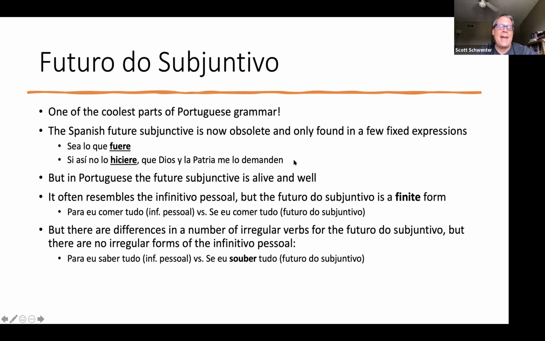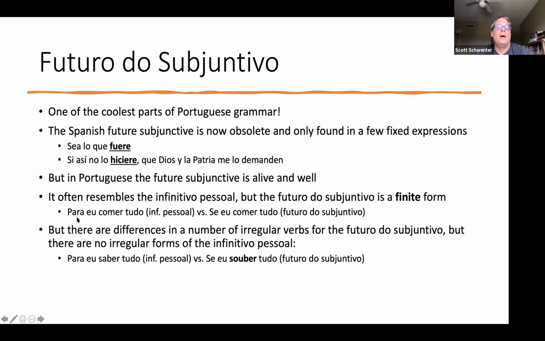And I Googled that and I found that for lots of different Spanish speaking countries, there's some version of this. And every one has the future subjunctive, right? But the future subjunctive is not productive in Spanish anymore. In Portuguese, on the other hand, the future subjunctive is alive and well. And it looks a lot of times like the infinitivo pessoal that we already saw, but the future subjunctive is a finite form.